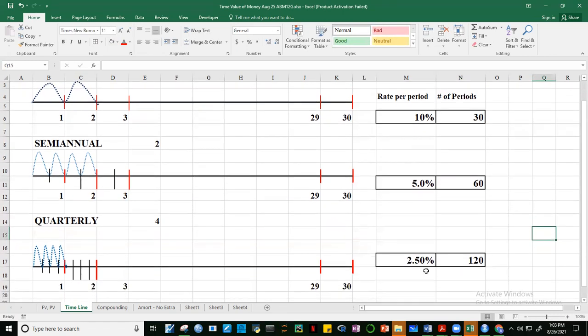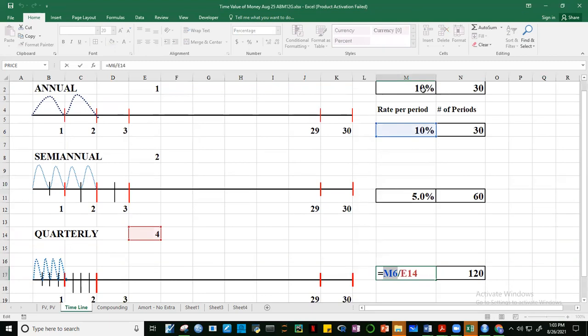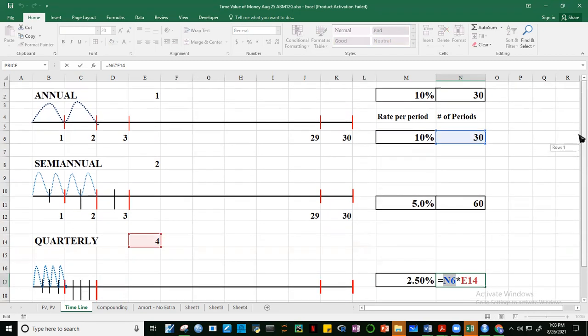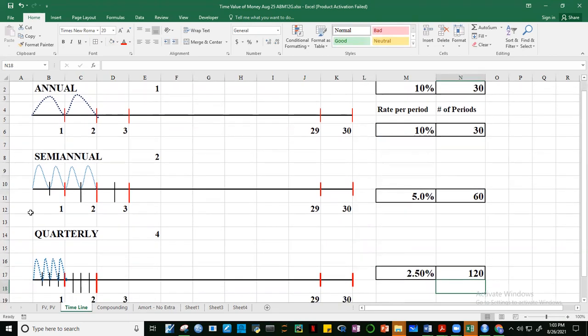So it goes to show, guys, na kapag quarterly naman, I'll follow this formula. 10% divided by 4, so that's 2.5%. And then 30 times 4, 120. Okay, so ito yung sinasabi ko kanina, guys. Ito yung timeline natin.